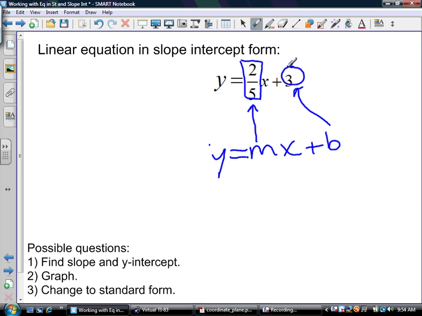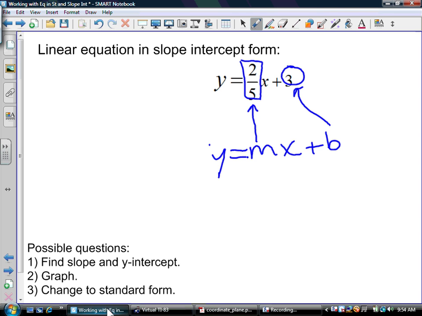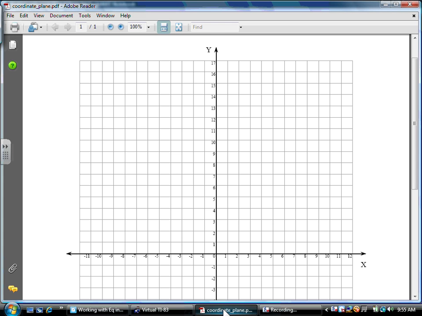Technically, I should be able to take away the calculators and put this kind of problem in front of you guys. You should be able to handle it no problem. The two things we know are a slope of 2/5 and a y-intercept of 3. So I'm just going to write that.